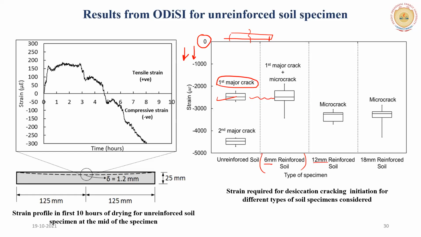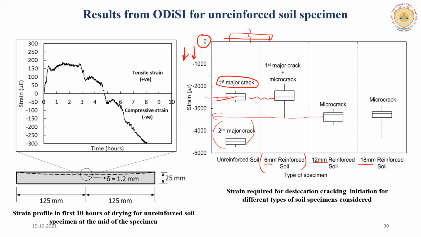Whereas when you use 12 mm reinforcement, the amount of strain required for first crack is quite high. It is about 50% higher than the unreinforced specimen. The same thing, 18 mm, is also showing a higher value, right?